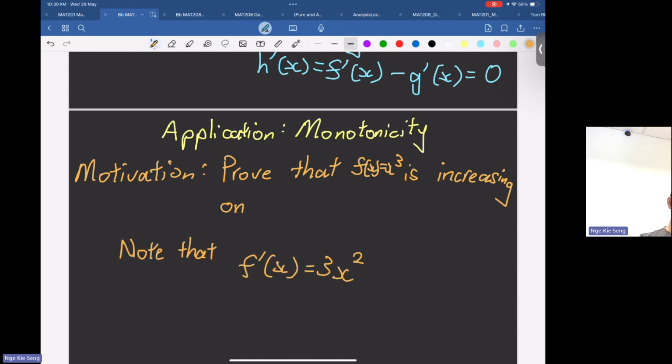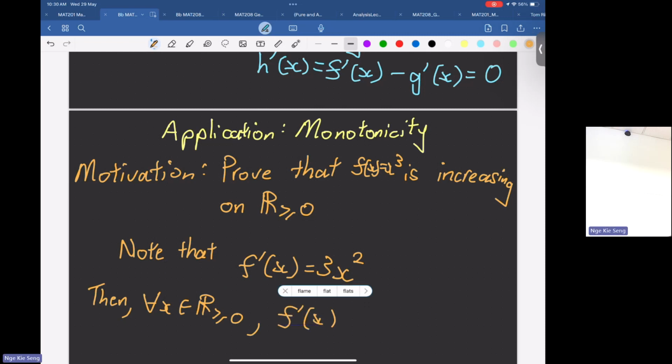It's just increasing on the positive reals. So how to show that? Note that the first derivative of x cubed is 3x squared, then for all points in the positive reals, f prime x is always greater than or equal to 0. Then what?